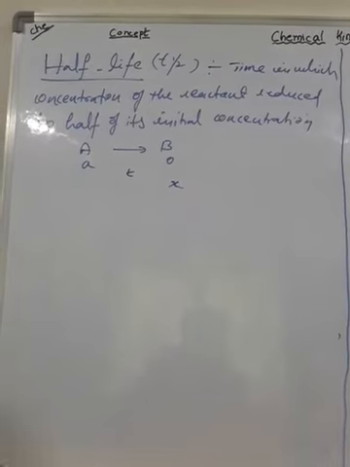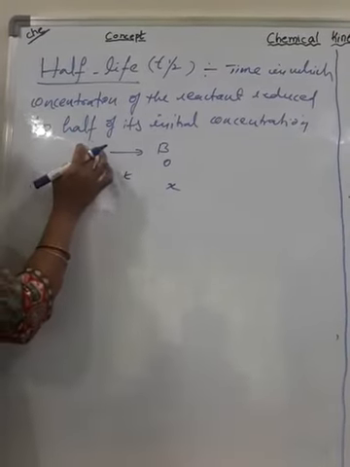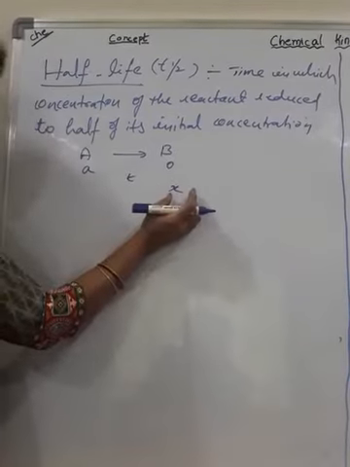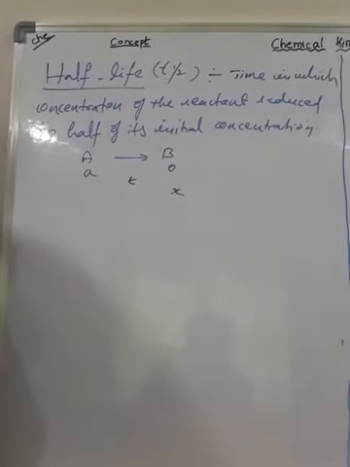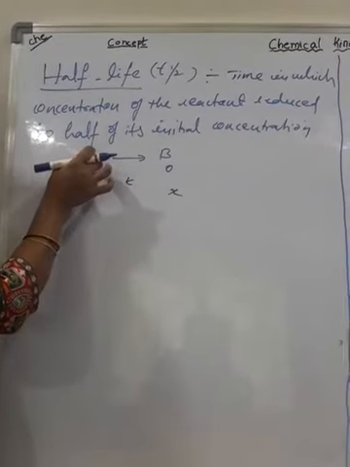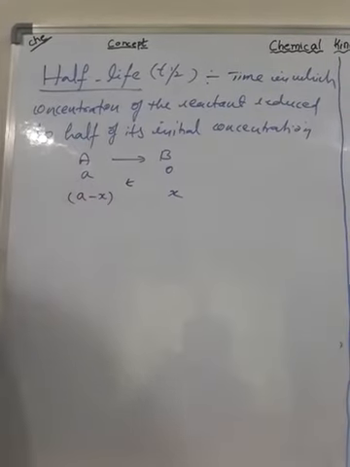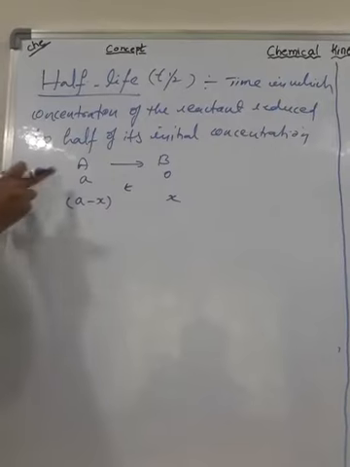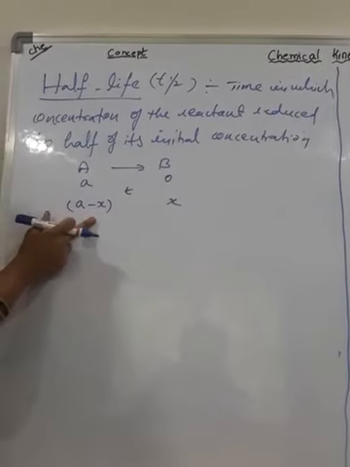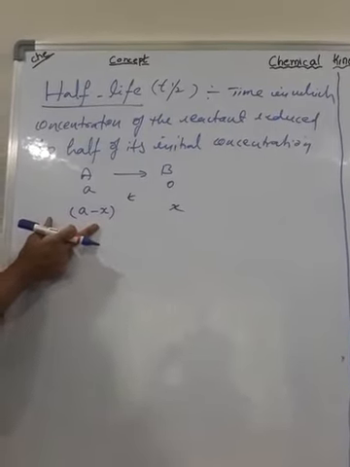After the formation of products, the number of moles of reactants left is a minus x.